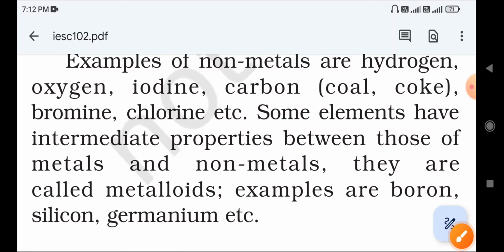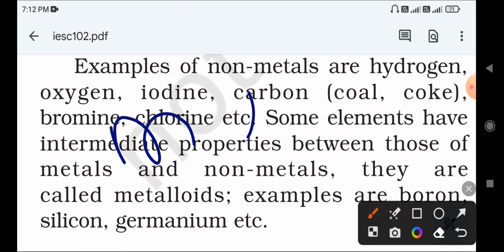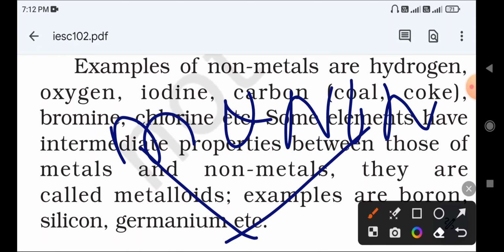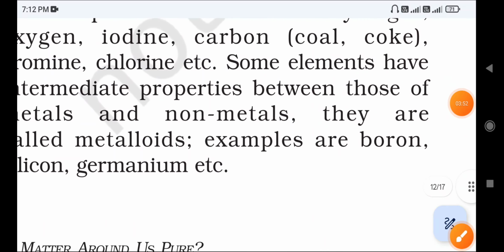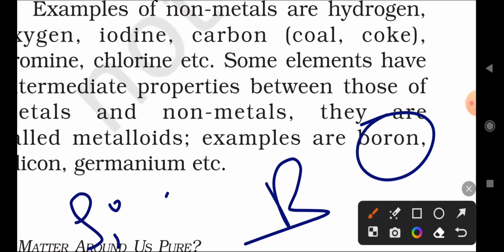A simple definition of metalloid: elements that show the properties of both metal and non-metal are called metalloids, meaning they exhibit both the properties of metal as well as non-metal. Examples we can give are boron B, silicon Si, germanium Ge.